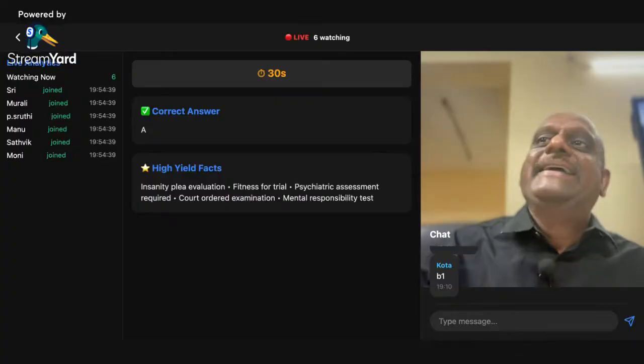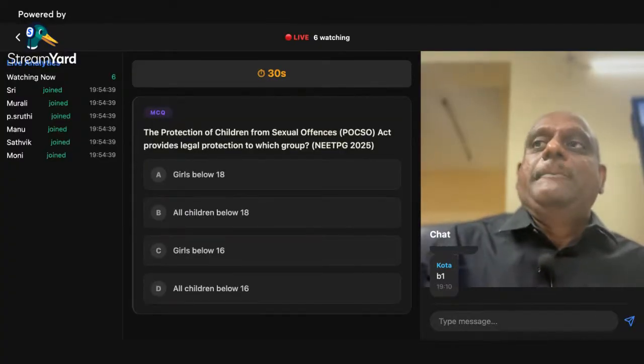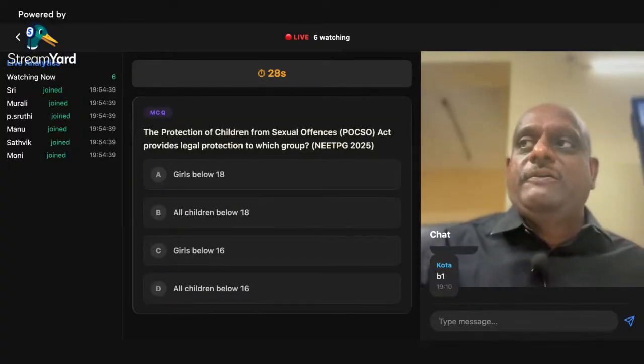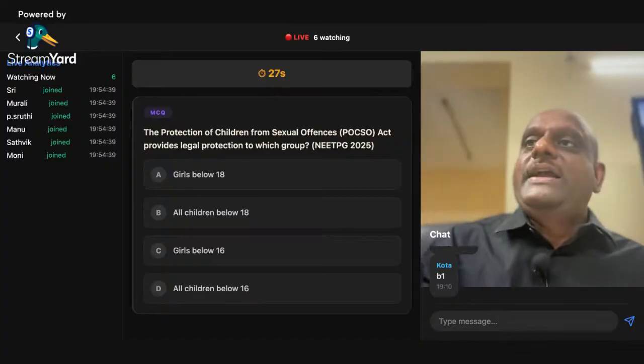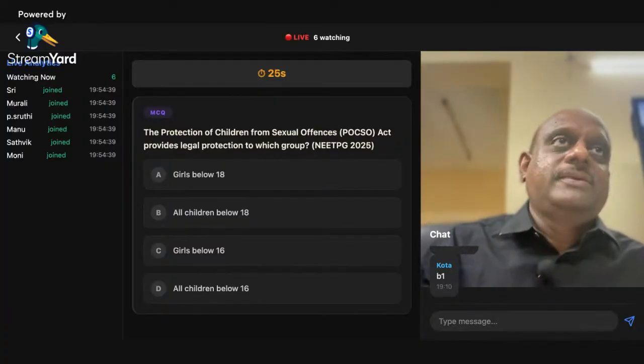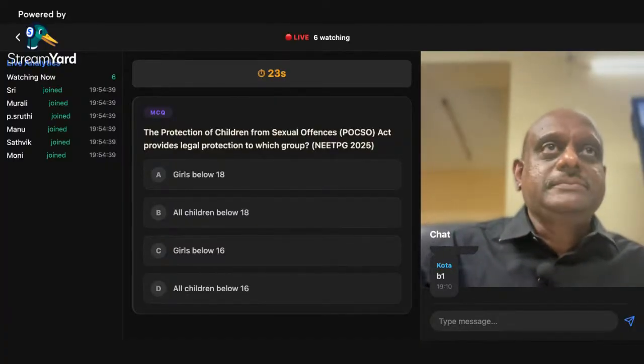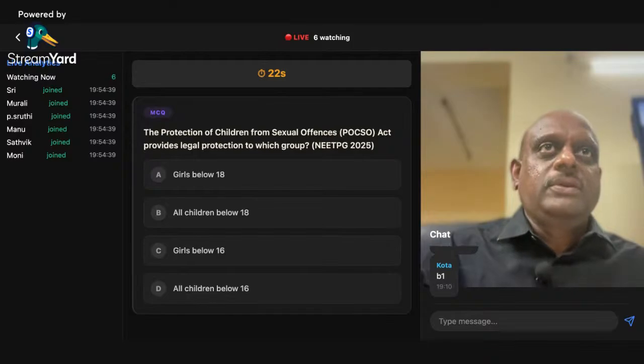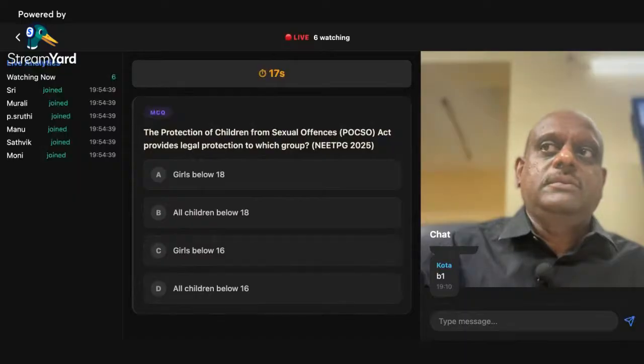Now, doctor. The Protection of Children from Sexual Offences Act provides legal protection. What is the age group? POCSO.